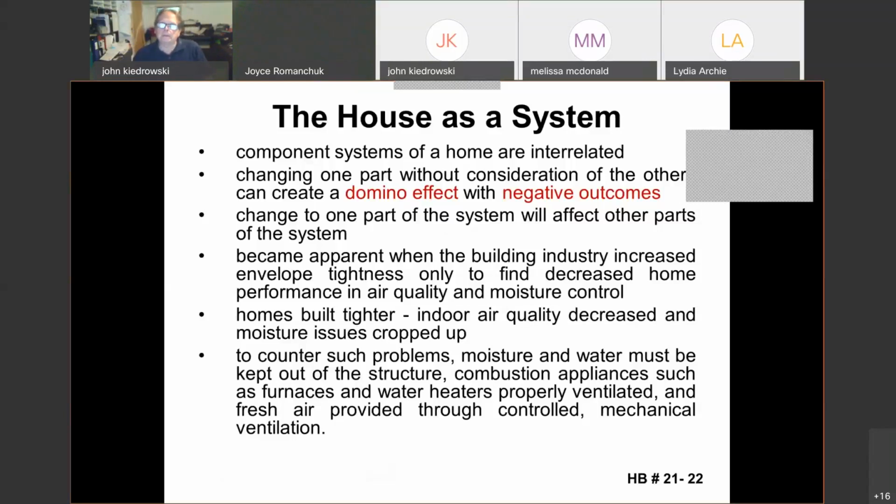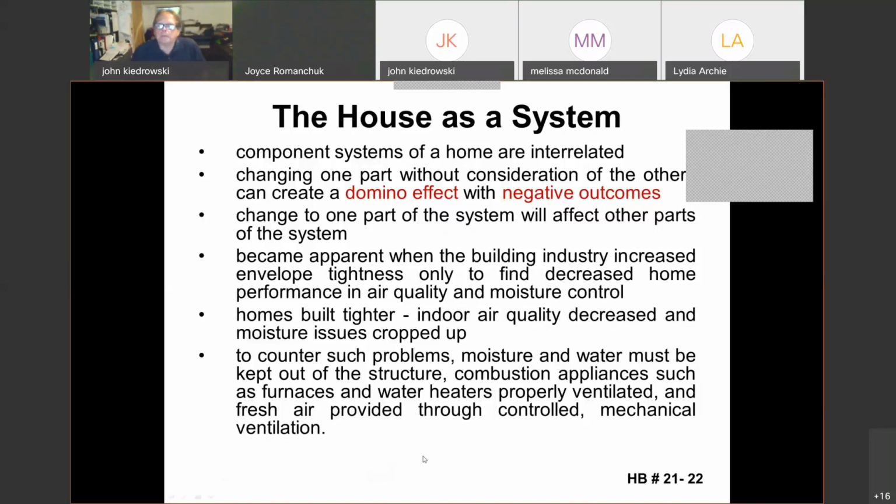So homes built tighter equal indoor air quality issues, therefore a decrease in air quality and issues with moisture cropped up. And I mentioned the words mold and also deterioration of the wood frame structure itself, with the moisture causing water damage to the wood.